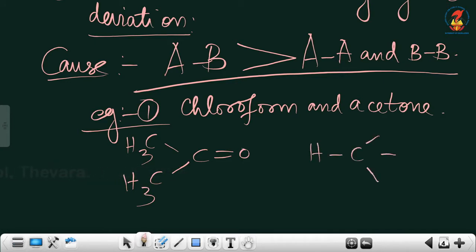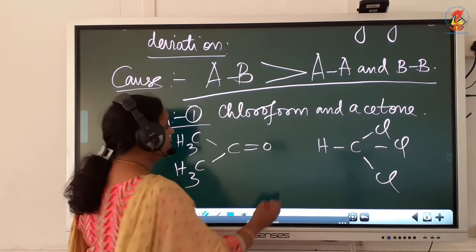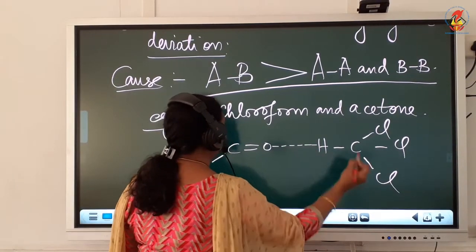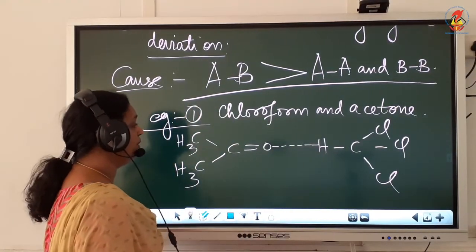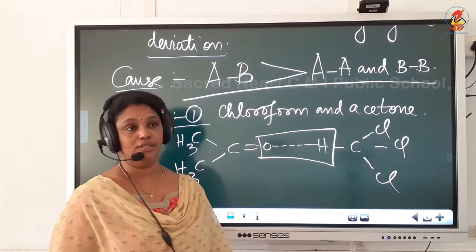So I am writing the structure of chloroform. This is chloroform. Now, when these two molecules are mixed together, a strong hydrogen bond exists between these two molecules, and this bond formed is very strong, which means these two molecules cannot easily escape into vapor state. Vapor pressure decreases than that expected from Raoult's law.